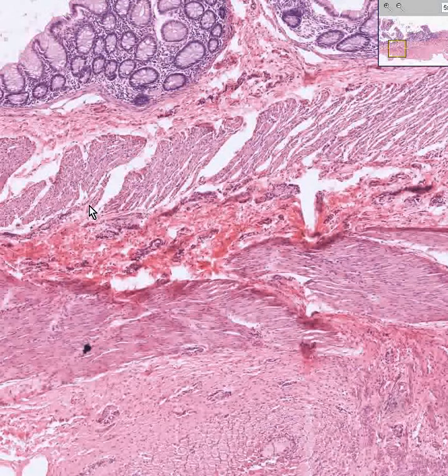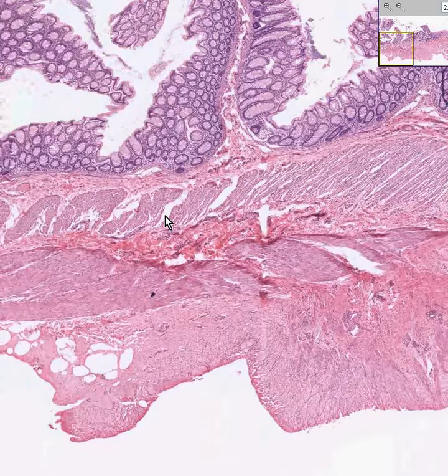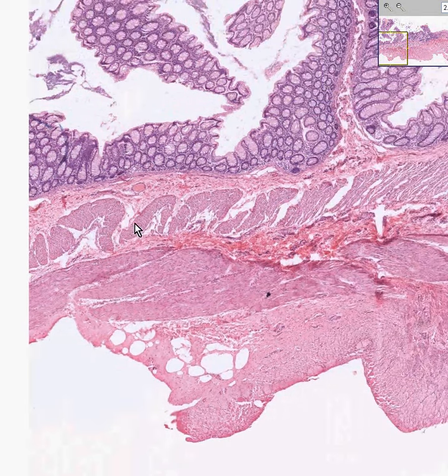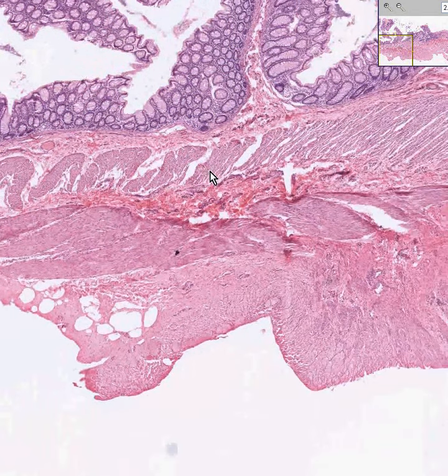The next layer is your muscularis, and then always classically beyond the muscularis, you have a layer of connective tissue, which if it is intraperitoneal will be called a serosa or peritoneum or visceral peritoneum. If it is not peritoneal or it's retroperitoneal, it is then just called adventitia, being connective tissue.